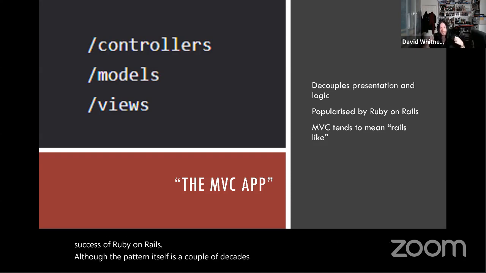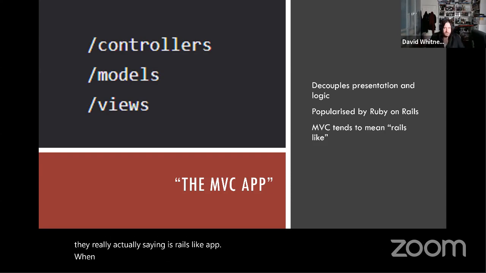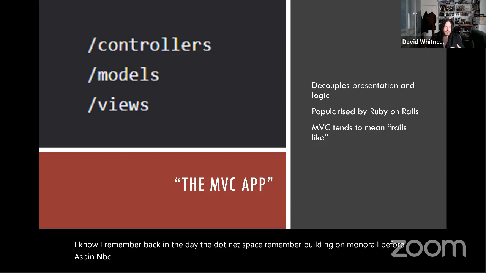And when most people say MVC, what they're really saying is a Rails-like app, where your code is organized into a few different directories of controllers, models, and views. I remember back in the day in the .NET space, building on MonoRail before ASP.NET MVC was a thing. And that was very specifically a Mono clone of Rails. It was kind of in the name.